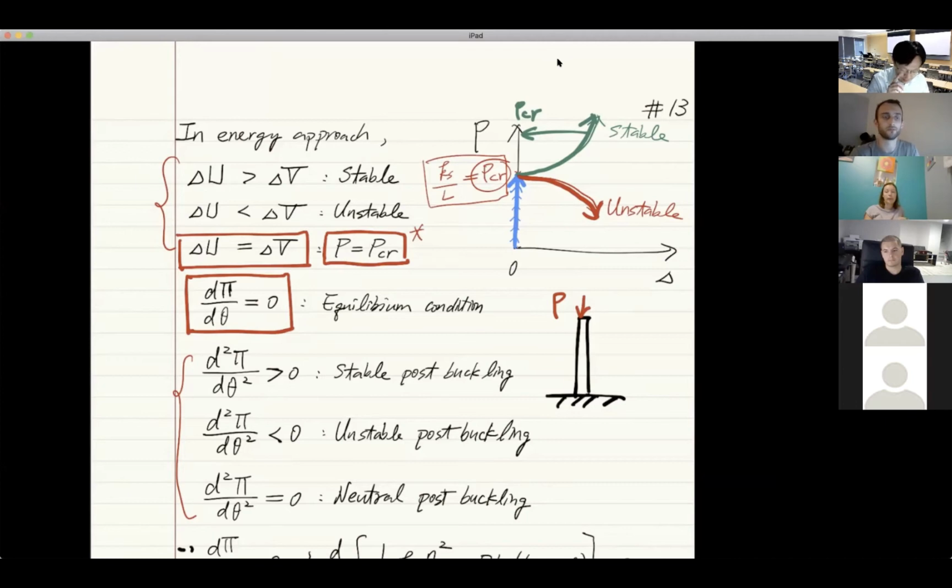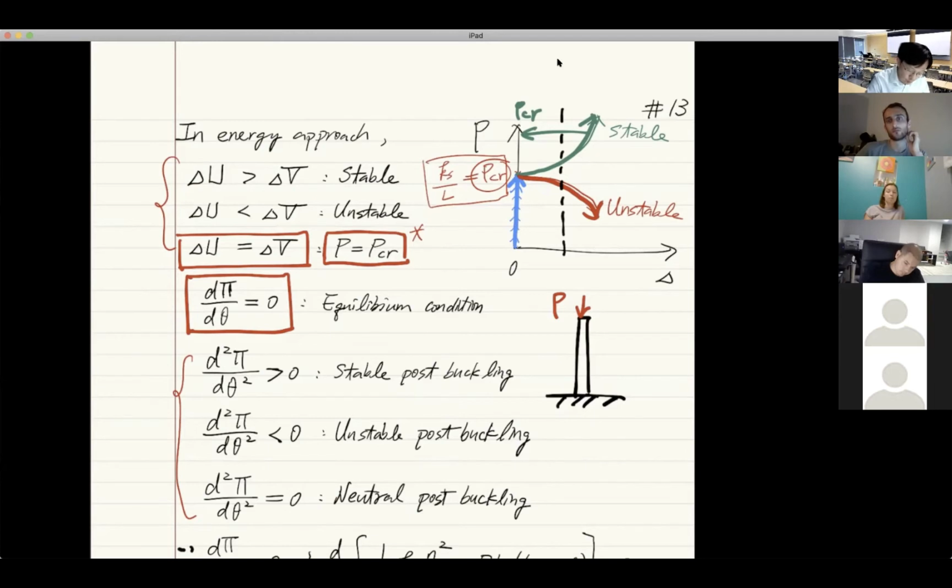And notice that there's one more thing. If you just draw a dashed line here, every point in this graph is not the same as the PCR. Because when we analyze the PCR, we assume that there's no deflection here, right? So what's the value when P equals PCR? That is when delta equals 0. But post-buckling means when delta is not 0.